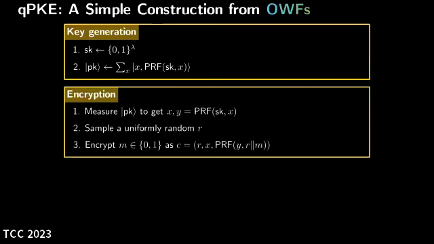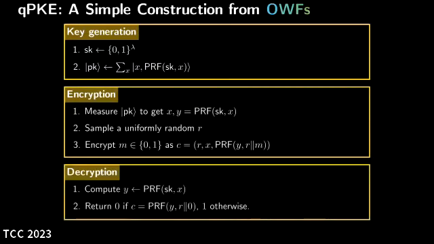For the encryption, the first step is we measure the public key in the computational basis to get a pair of classical strings X and Y. Y is the image of X under the secret key. And the idea is now we can use Y as the secret key for some symmetric key encryption that we can build from one-way functions. And X is a hint, so that if we have the secret key, we can recover the value Y.